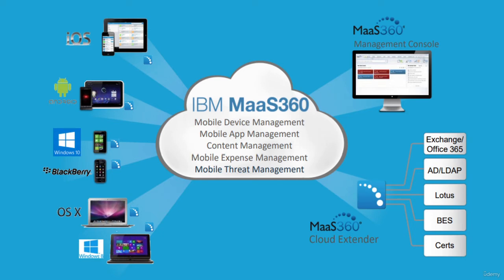The third thing we have in MDM is content management, how we manage the content. If we have an important Excel spreadsheet, you want to be able to use it but with security enabled. Any MDM will try to do this, but MaaS360 does it better.